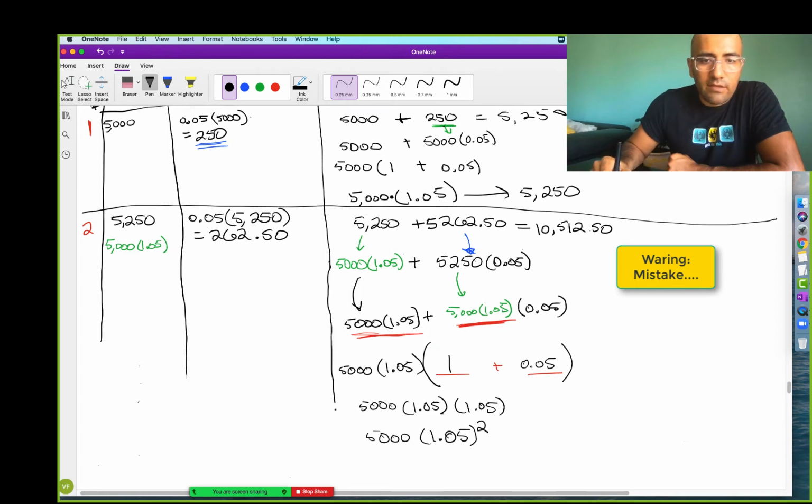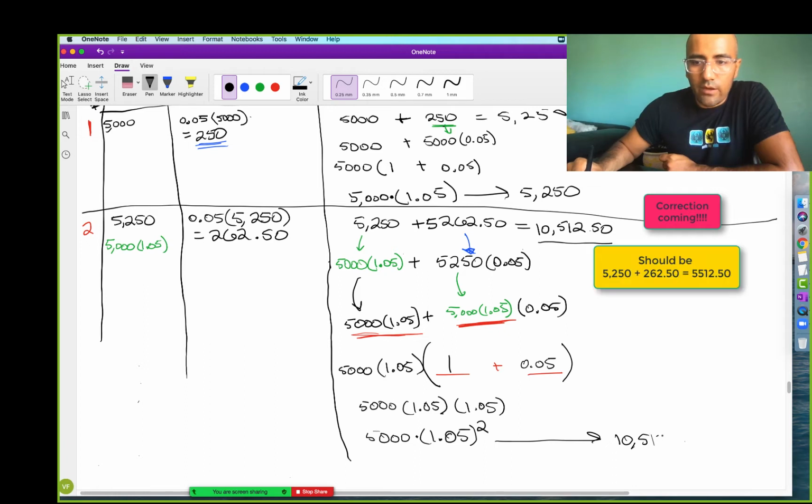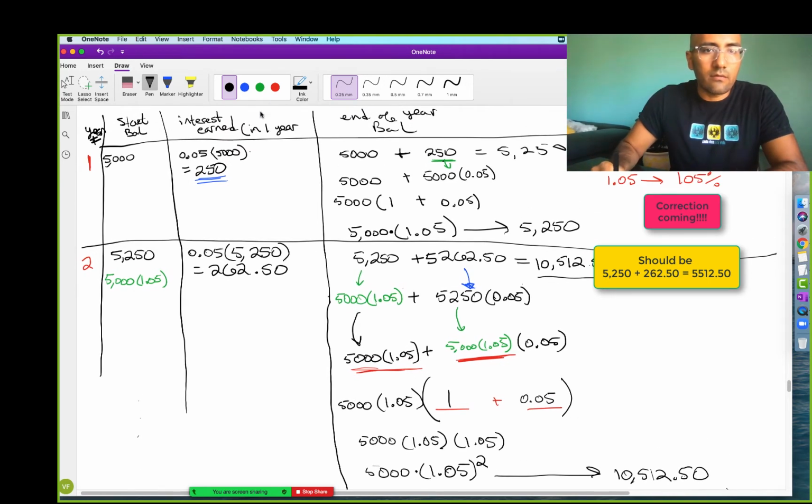Okay, so at the end of the second year term, your new balance is going to be $10,512.50, or expressed this way, it's going to be equal to 5,000 times 1.05 to the power of 2, which leads to the exact same number, 10,512.50. Right? So they both give you the same value. And at this point, we can start to see the pattern.